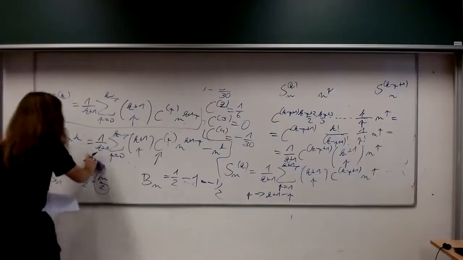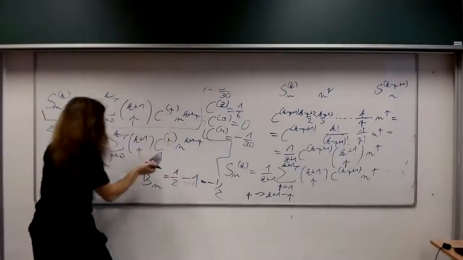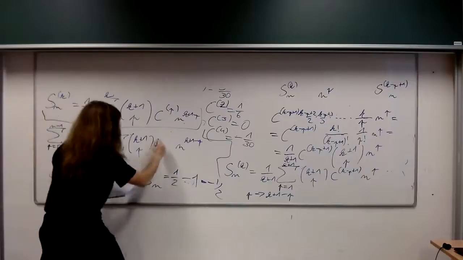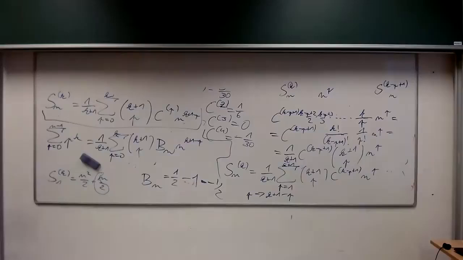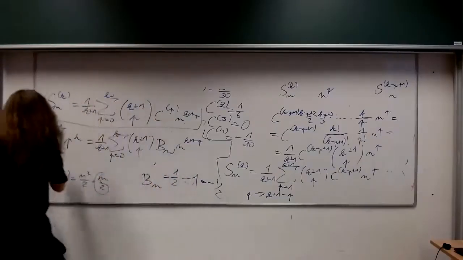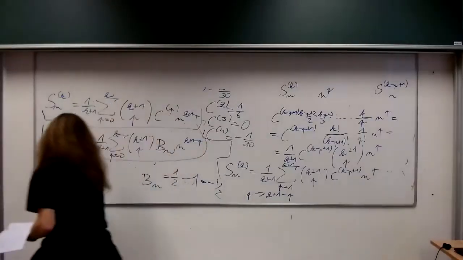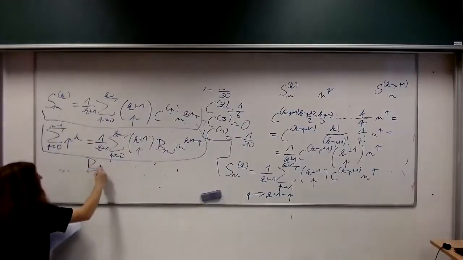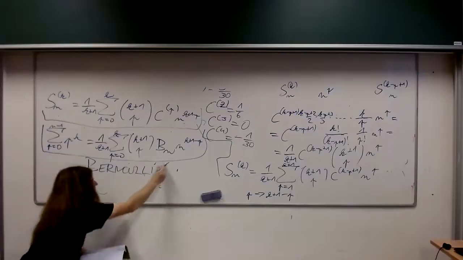And when we do that, we can just get rid of this minus n to the k, and we can replace those c's by our b's. And we are done, because this thing that we have here is called the Bernoulli formula, or Bernoulli-Faulhaber formula.